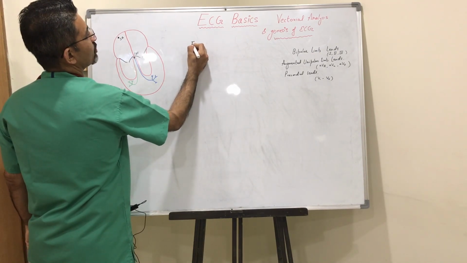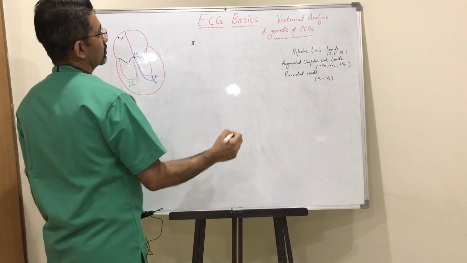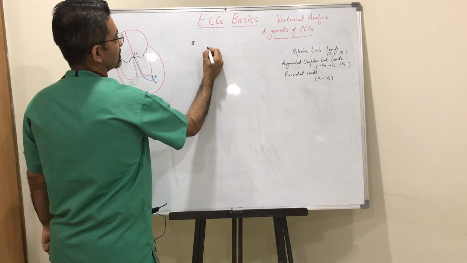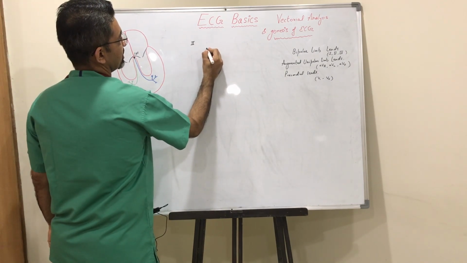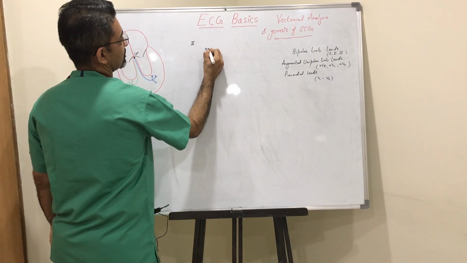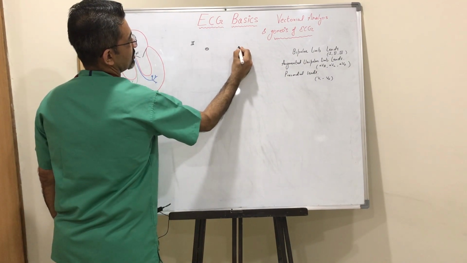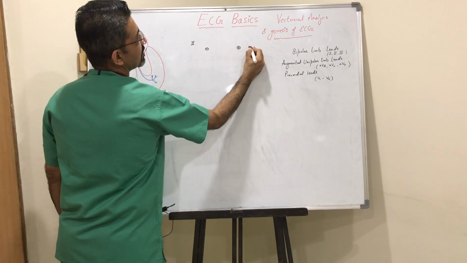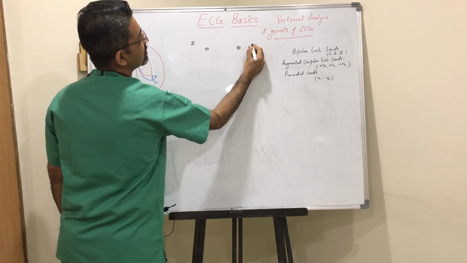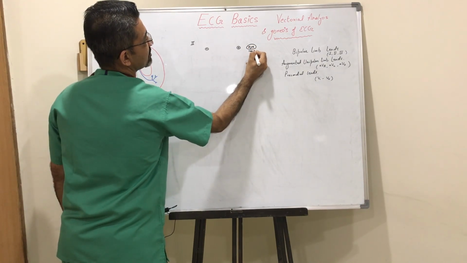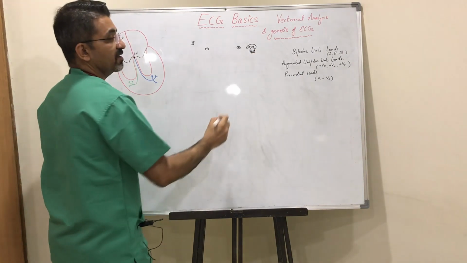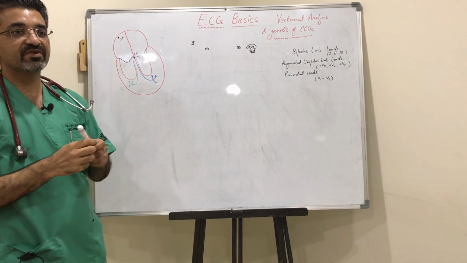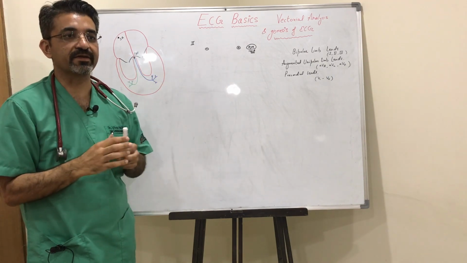In lead 2, you have to remember which electrode is negative and which is positive. The "I" of this lead is at the positive electrode. By "I" it means from where this lead is looking.